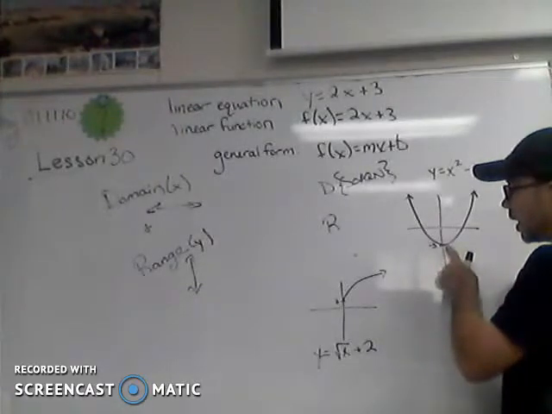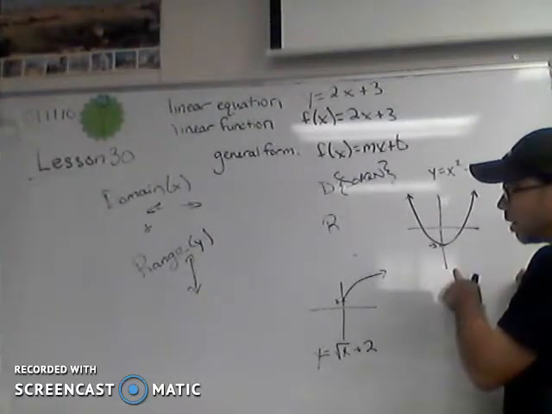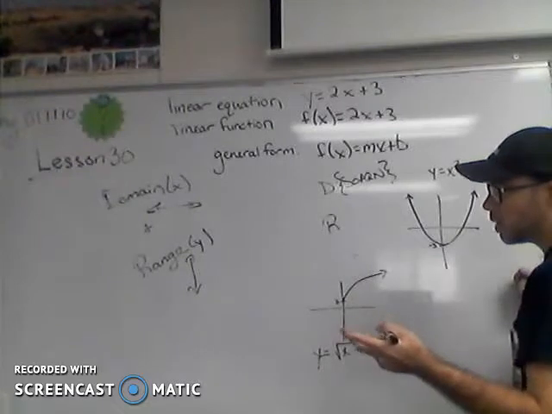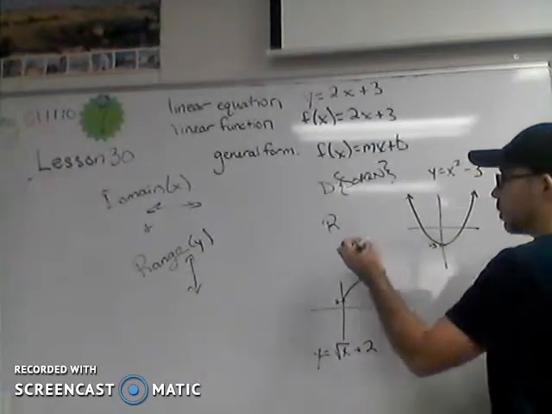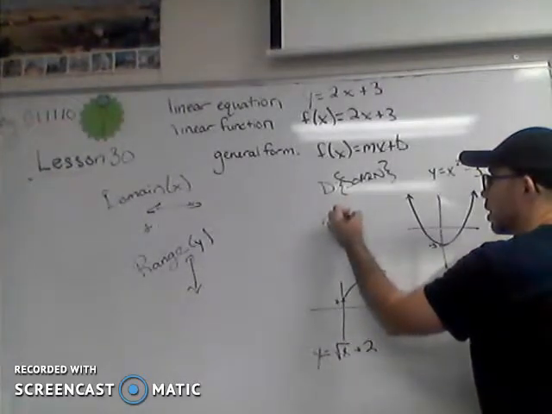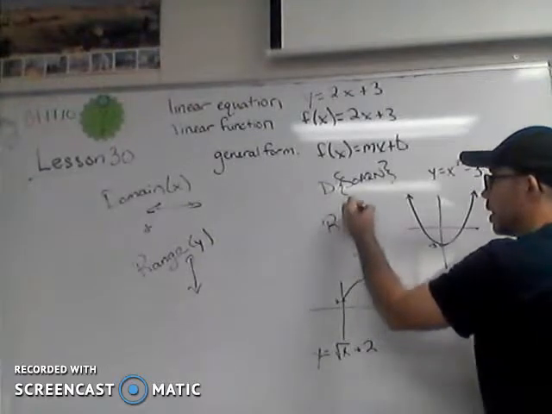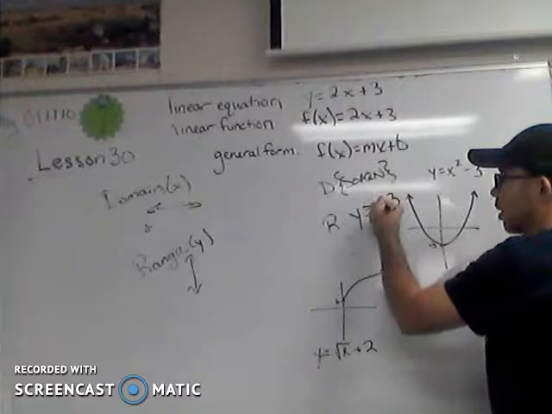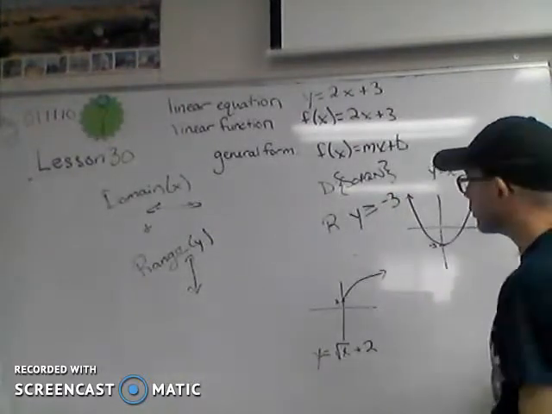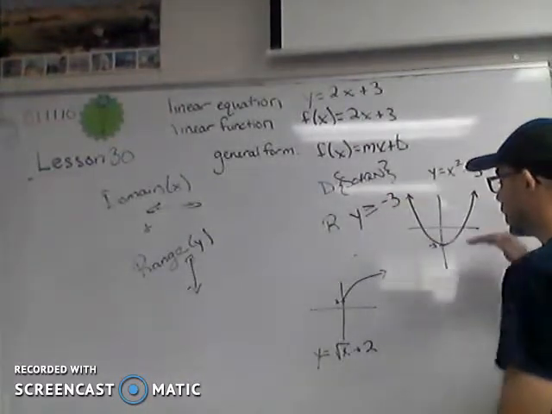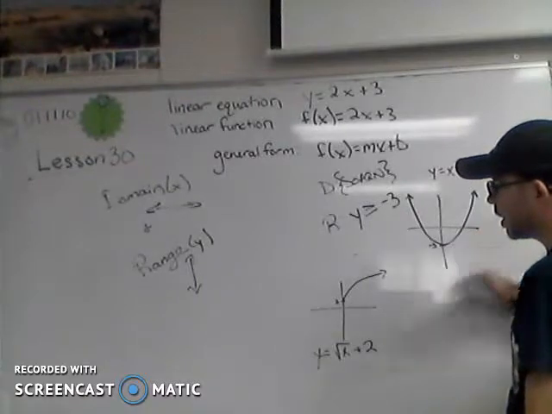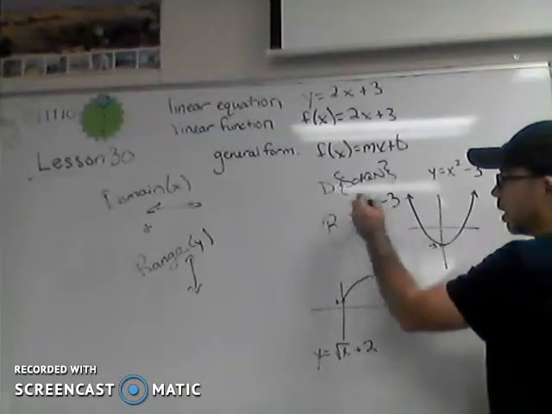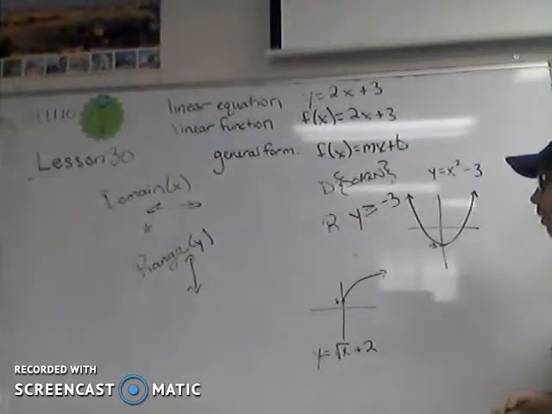The lowest point it has is -3. It doesn't go any lower than that. So the best way to write it would be y greater than or equal to that minimum value, -3. Everything above that, but it includes -3, it doesn't ever go below.